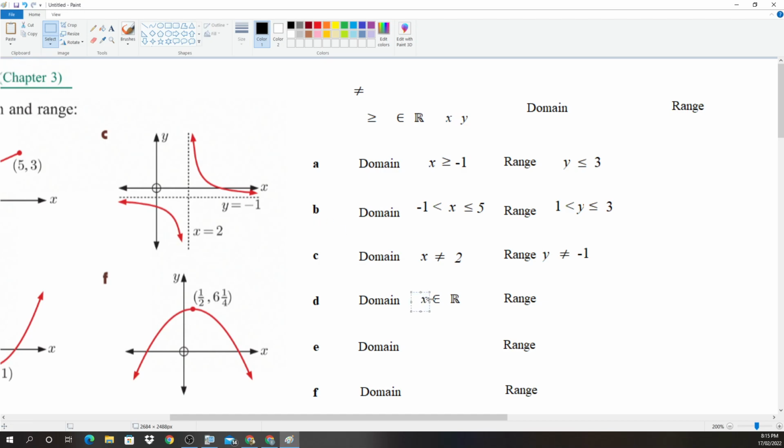That's going to be a very common thing. I don't want to copy you, I want to move you. There we go. x is included in the set of real numbers, so all values are included.